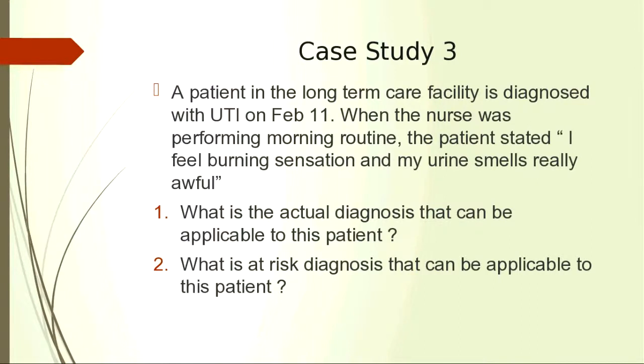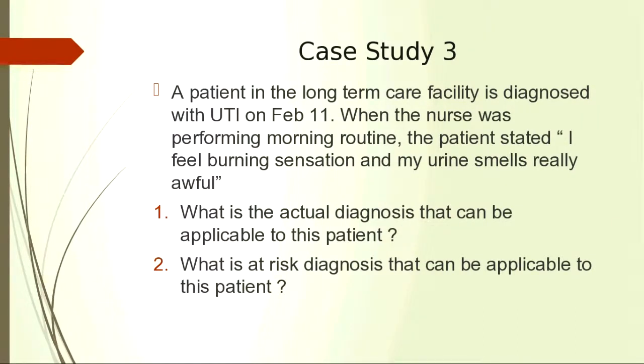So what can be at-risk diagnosis for this patient? At risk. So here, guys, you have a long-term care. So he is probably, the mobility or the movement is not that good.